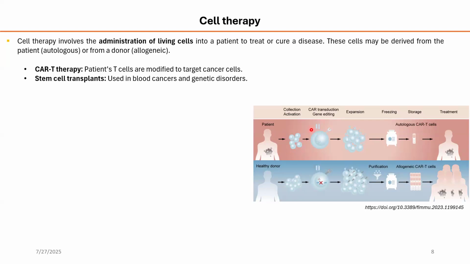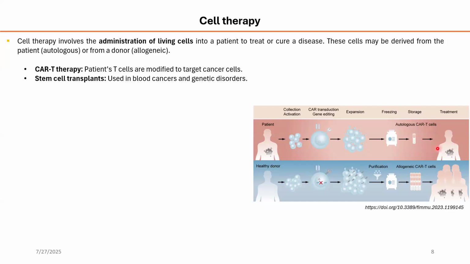Normally it's CD19, where it targets the B cell antigen CD19. Then you do cell expansion, all done in the laboratory. You do T cell expansion, then freezing, and then you store. When the patient is ready for infusion, you infuse these modified CAR T cells into the patient.